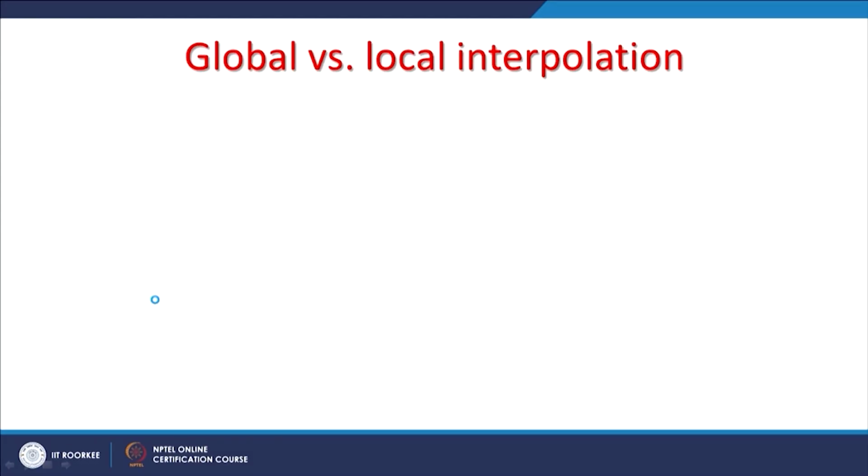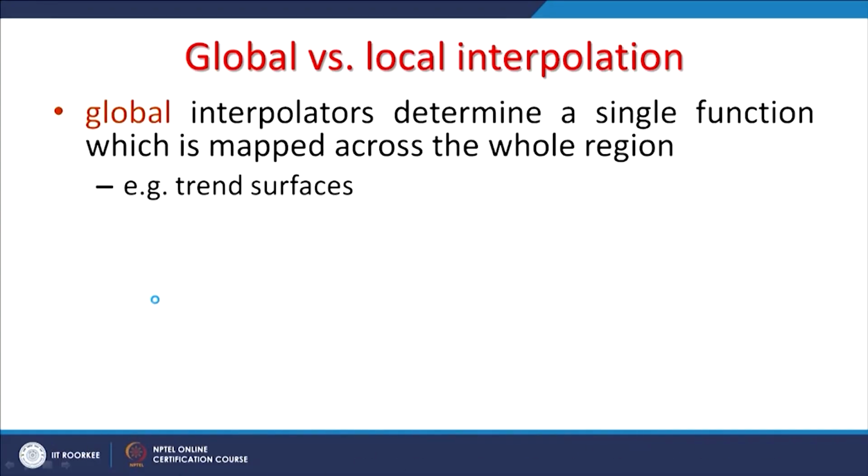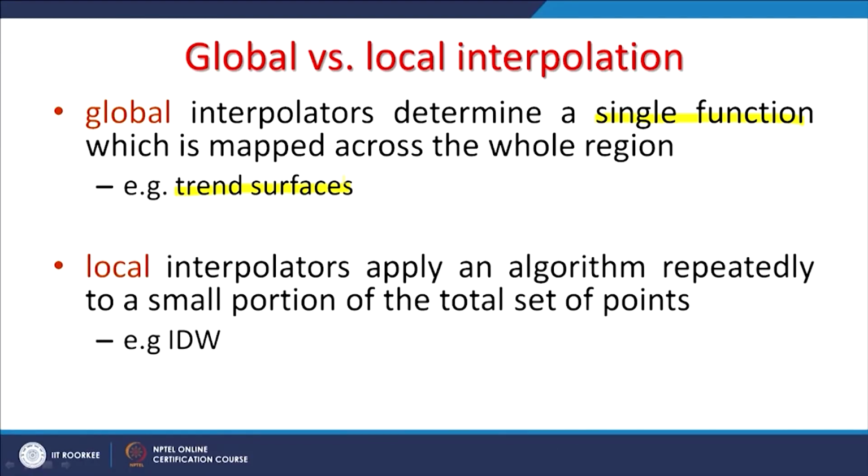So, let us take global versus local interpolation first. Global interpolators determine a single function which is mapped across the whole region, and the best example is trend surfaces, which are one type of interpolation technique. In the case of local interpolators, the algorithm is applied repeatedly to a small portion, not the whole region, only to selected points.